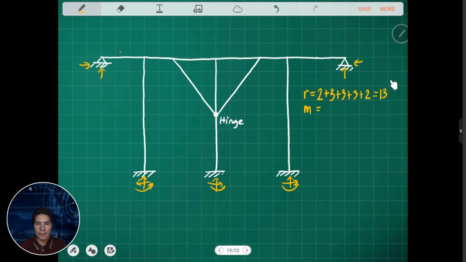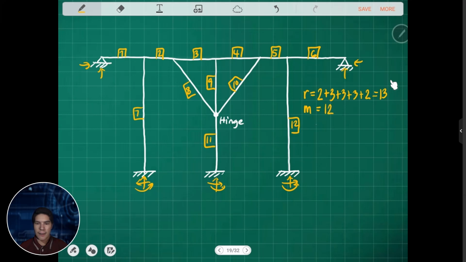We have 1, 2, 3, 4, 5, 6, 7, 8, 9, 10, 11, and 12.